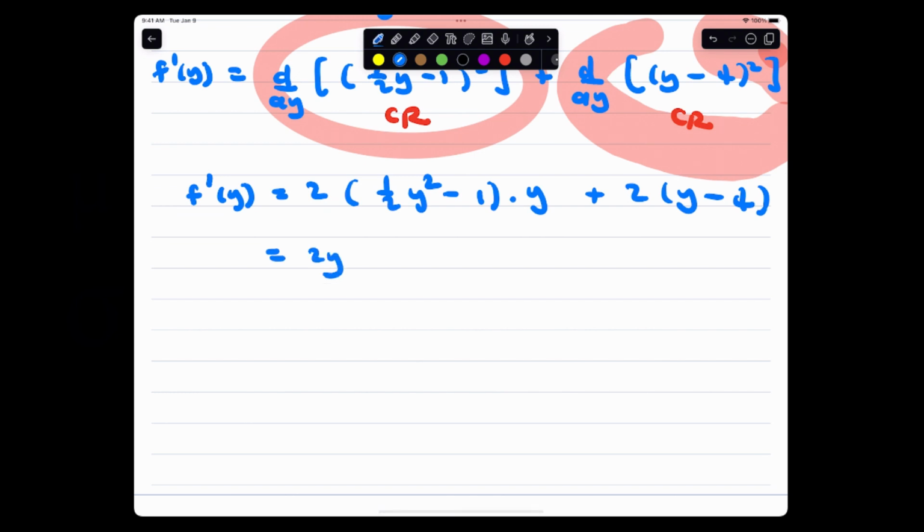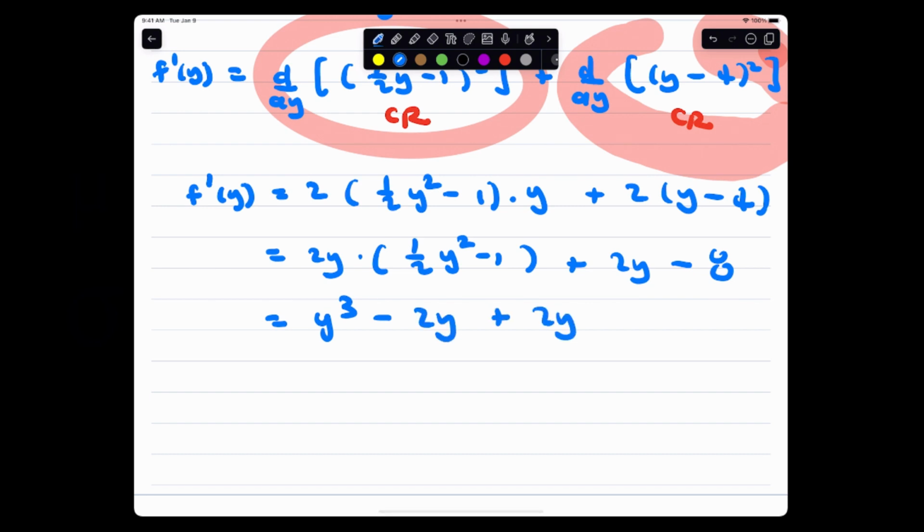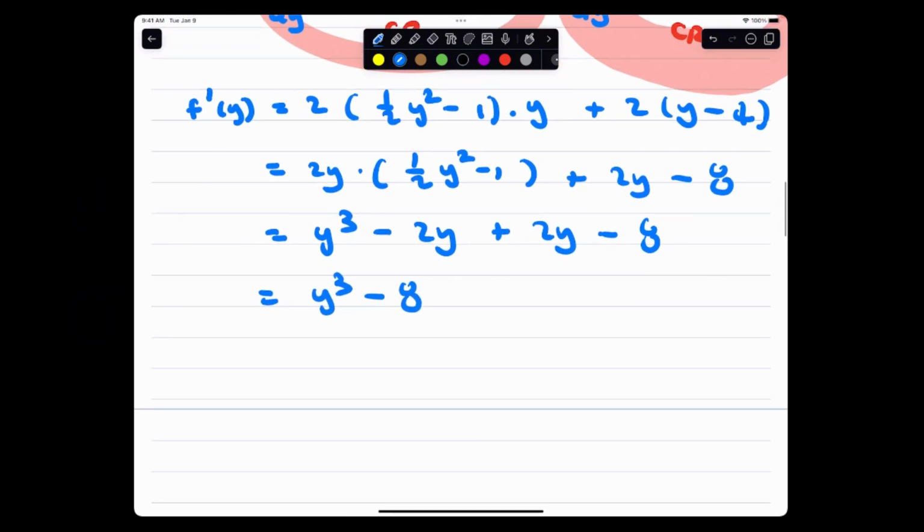So 2y, 1/2 y squared minus 1, plus 2y minus 8. Which, if I distribute, is that just y cubed minus 2y plus 2y minus 8? And then that gives you y cubed minus 8. Double check, ladies and gentlemen.